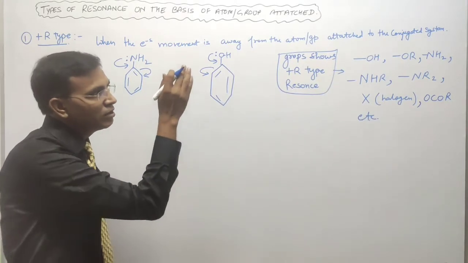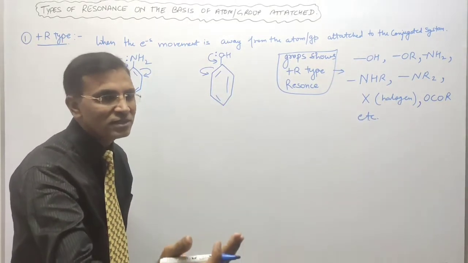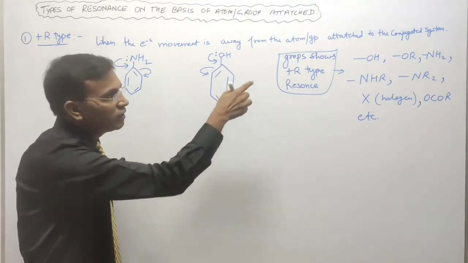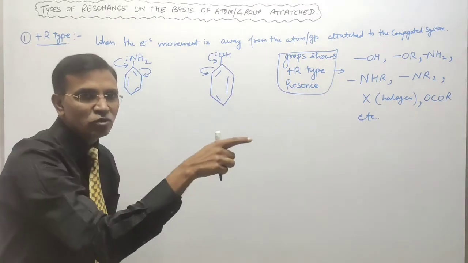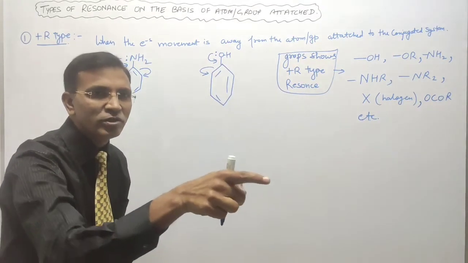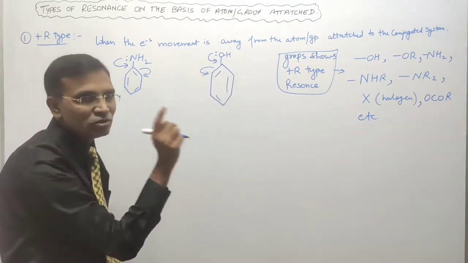That means when these groups are attached to a given species, the electrons always move away from these groups towards the conjugated system, right? That is, the plus R type is shown by these groups.